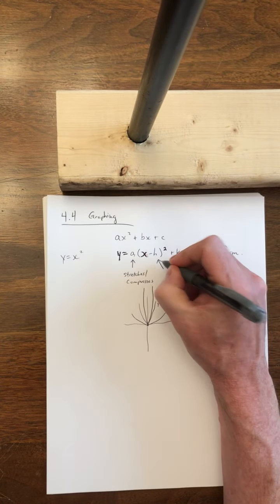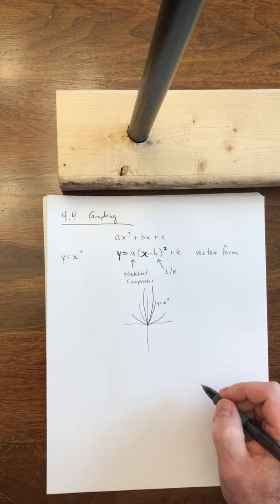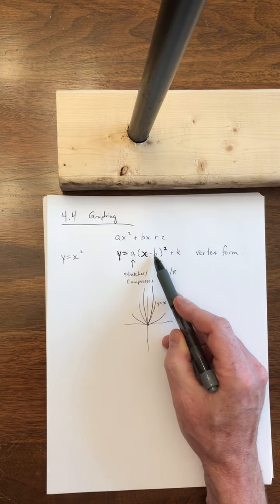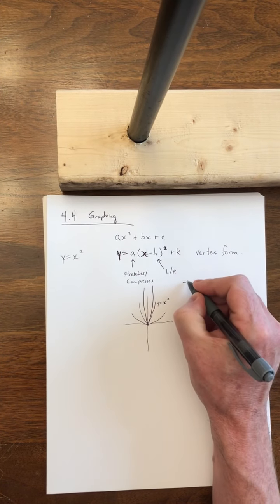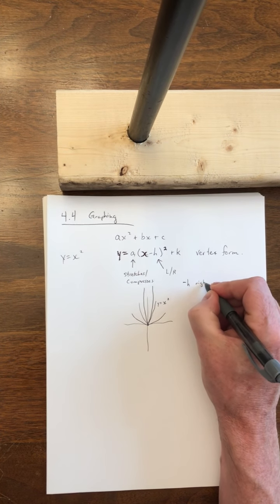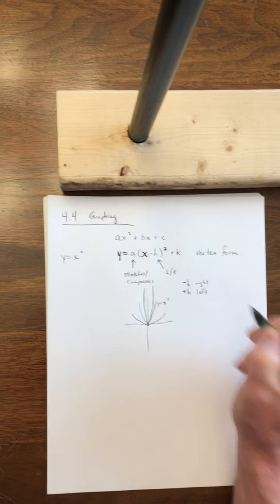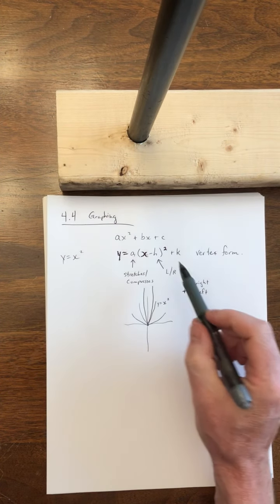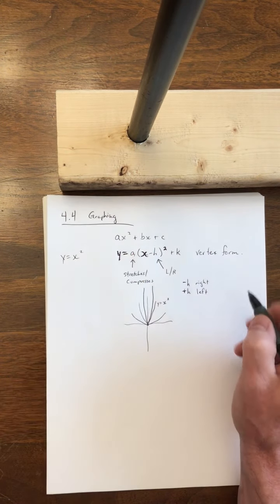We learned that the h moves it left or right. And we learned last day that it was the opposite of what you see here. So if you see negative h, you are moving right. And if it's a positive h, you are moving left. And the reason for that is we are dealing here just with the h.